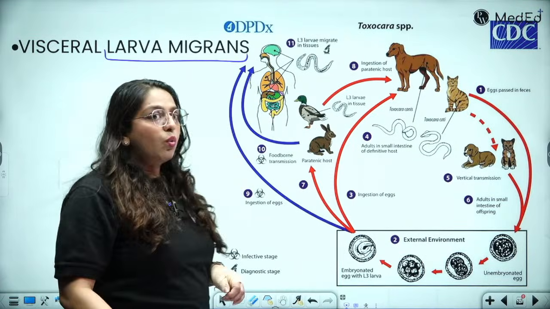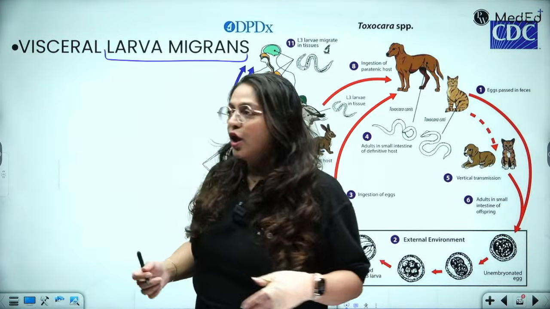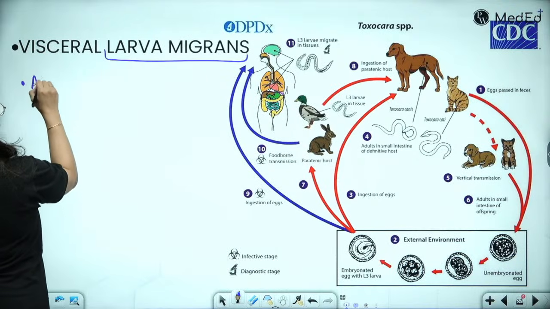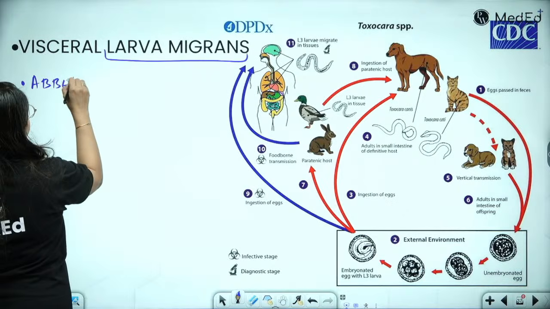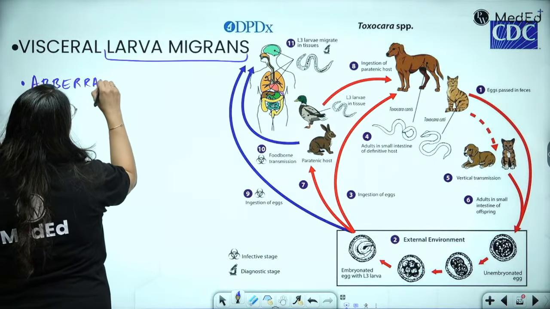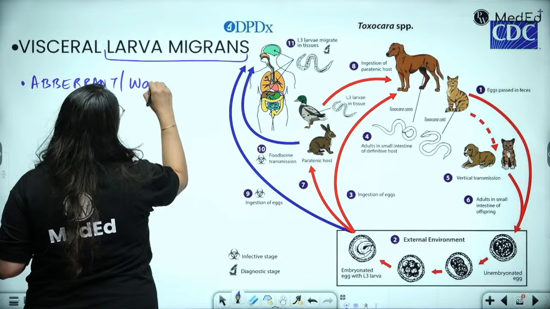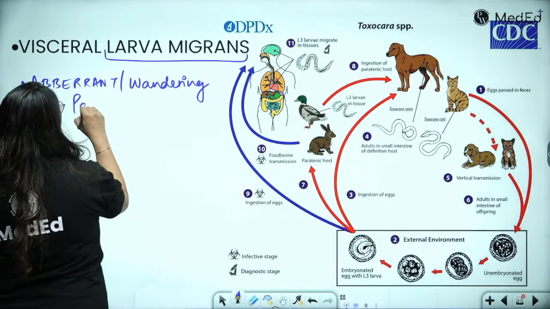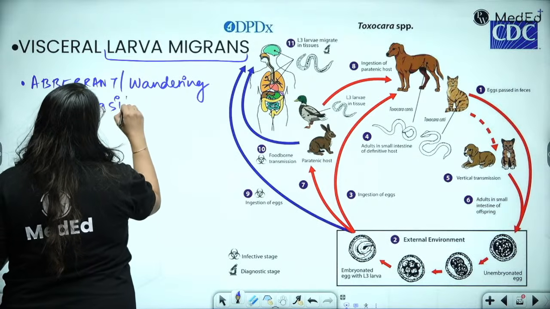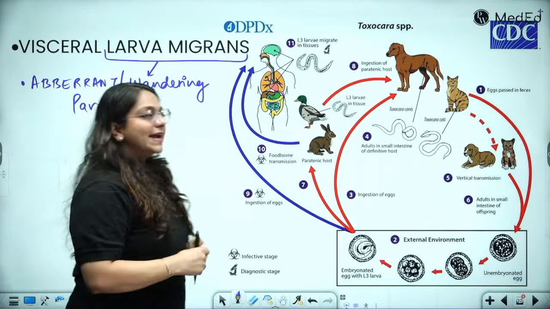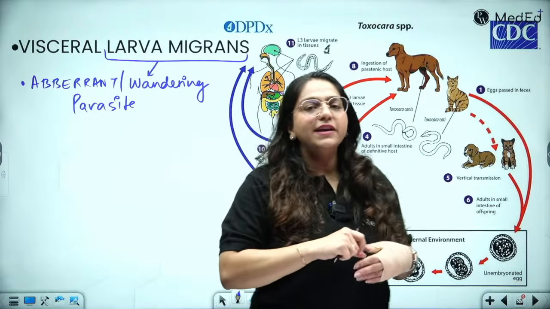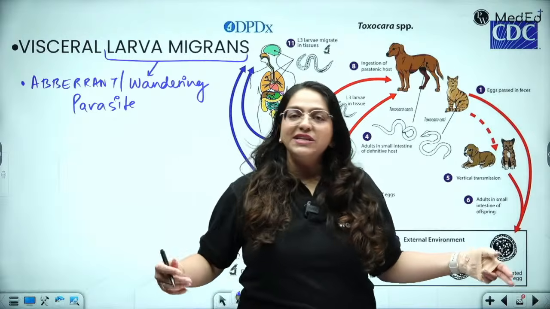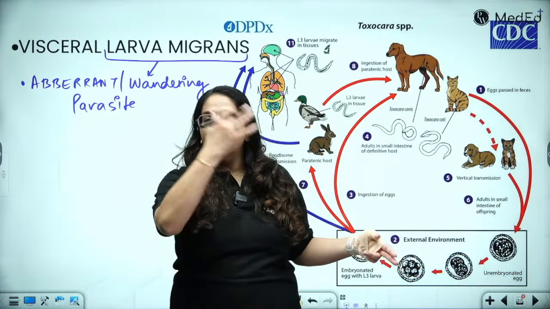It means wandering parasite, or aberrant parasite. So this parasite has come where it does not belong. It has entered a host where it did not belong. Now it does not know where to go, so it is just randomly migrating in all of the body.